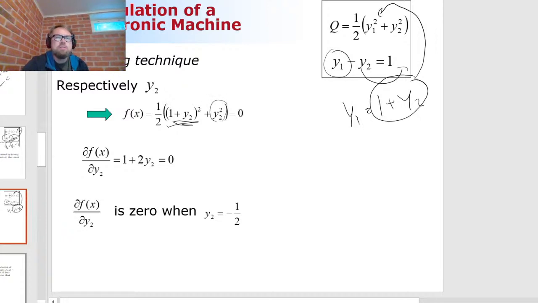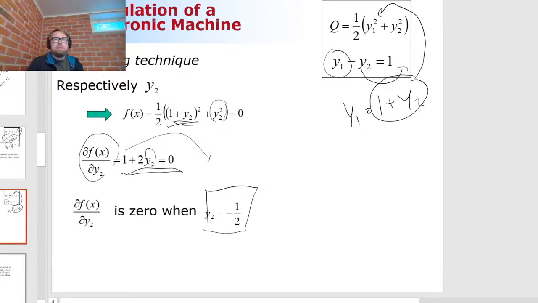Now I'm differentiating that equation with respect to u2, and I will get this equation. And here I can take the one on the other side of the equation and solve u2. And u2 is then minus 1 divided by 2. All right. So my minimum is then eventually 1 divided by 2, minus 1 divided by 2. This is the point where I can find an optimum in that space. So that's the one way to go.